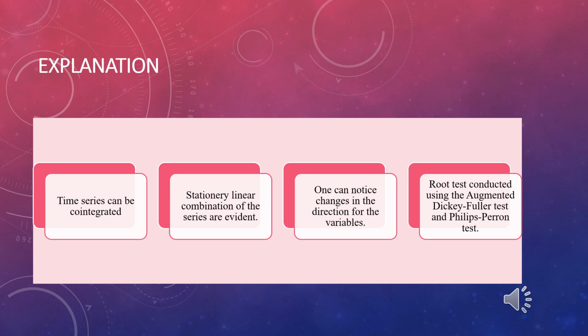Therefore, there may be a stationary linear combination of these series, for example, the difference between the variables. At the same time, the difference in the direction of change seen around 2020 may lead to the absence of cointegration. To evaluate the order of integration of the variables, we conduct unit root tests, the Augmented Dickey-Fuller test and the Phillips-Perron test.